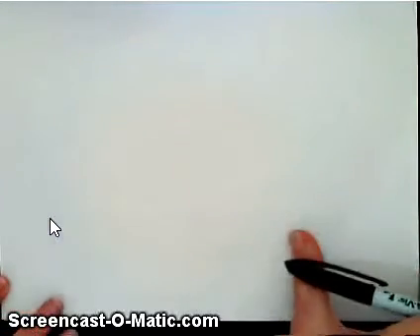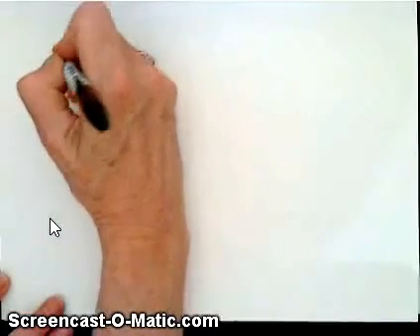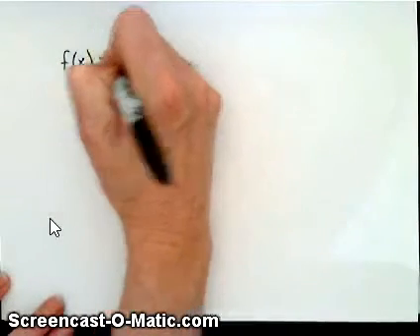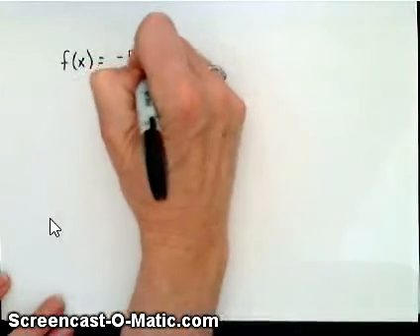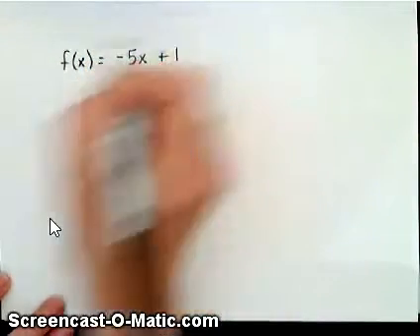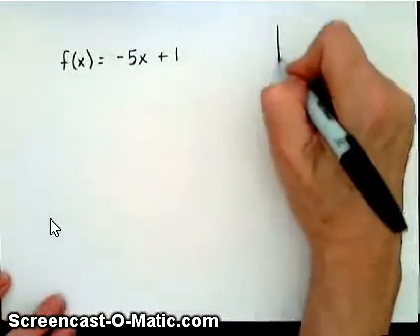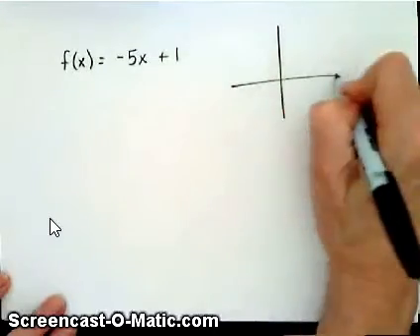So let's start with a function that's not difficult. Let's take f of x is equal to the linear function, negative 5x plus 1. Now that's just a line, slope negative 5, y-intercept 1. In fact, I'll make a sketch of it over here, which we'll use in a minute for another example.